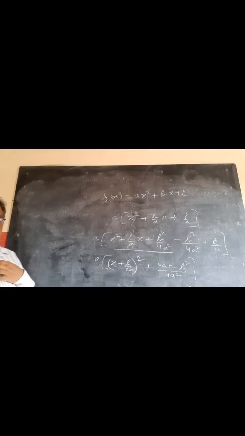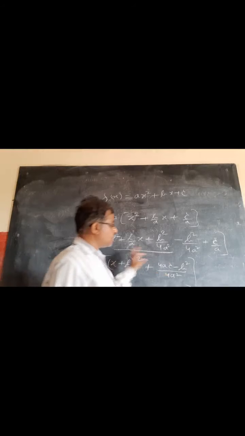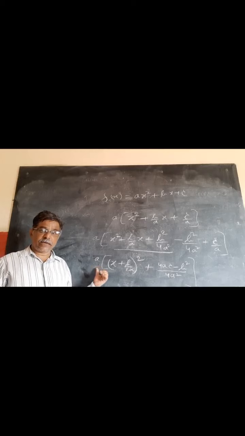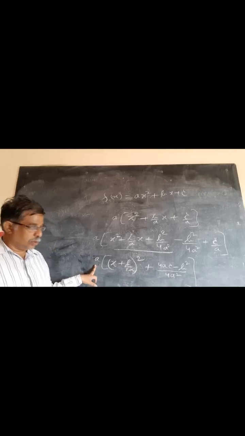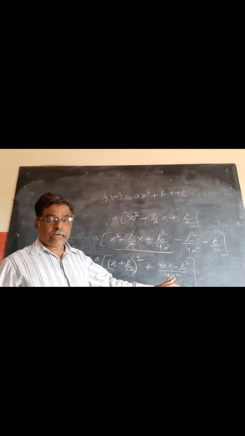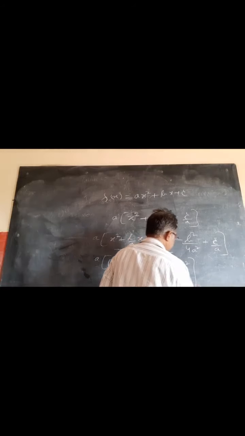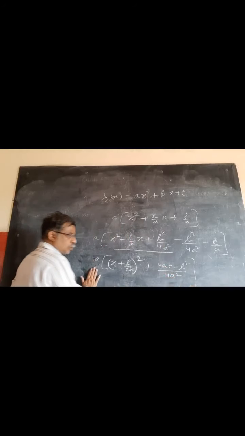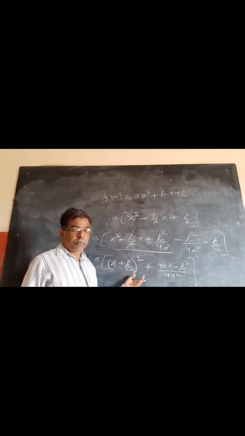Now, see, a into this whole thing. So this depends on the sign of a. Means, if a is more than 0, and this is always positive, we can say whether the expression has a maximum or minimum.